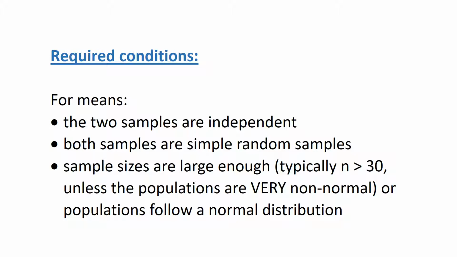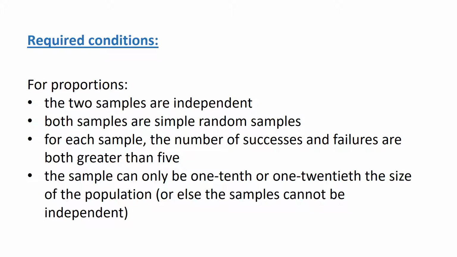And our samples either need to be large enough or the population itself needs to follow a normal distribution. Large enough is typically a sample size N greater than 30. Unless we have a really non-normal population, then we need an even bigger sample, but that usually doesn't happen.